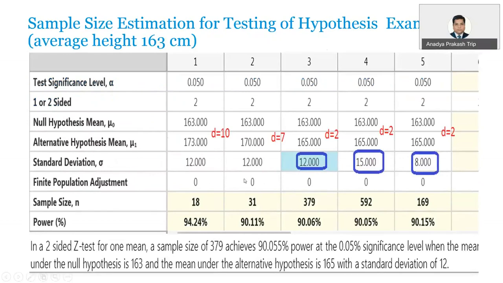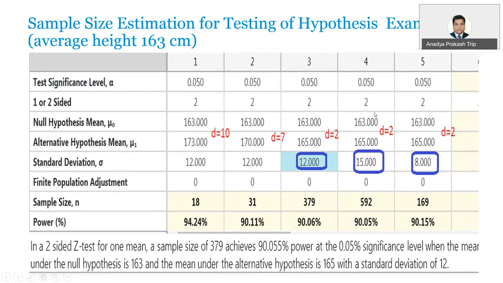Now in this slide you can see my type 1 error alpha is fixed at 5%. I want to build a two-sided, plus or minus, hypothesis. The null hypothesis which I have taken is mean equal to 163.